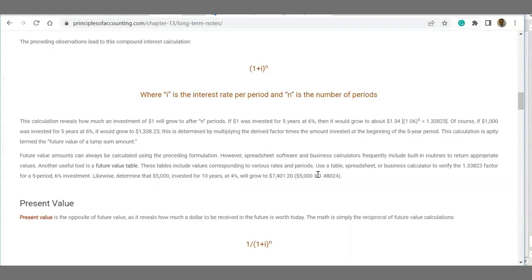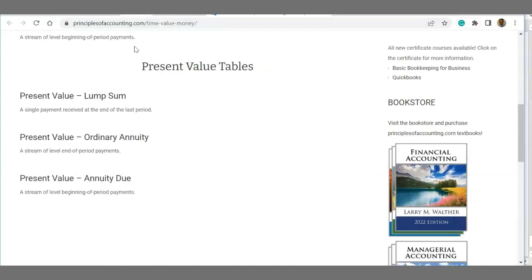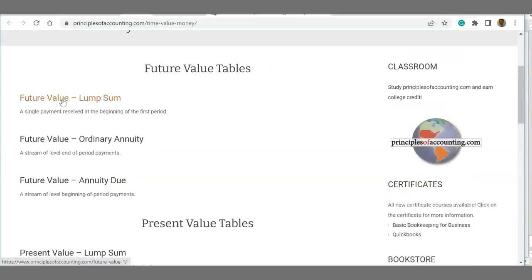Here is the factor, obviously, but I want to show where you can find it, okay? So let's look at this one example, 5,000, 10 years, 4%. So amount is 5,000, I is 4, and N is 10, okay? So you can go to future value of one-time investment. That's why you go to lump sum. You're not going to put annual 5,000.